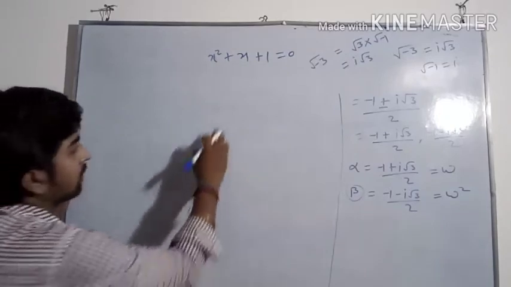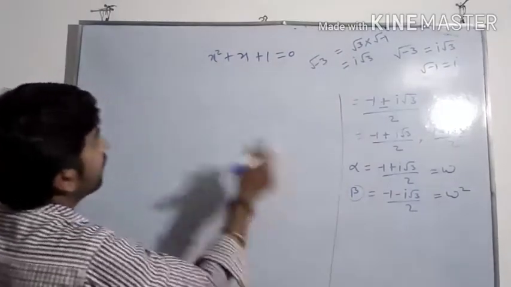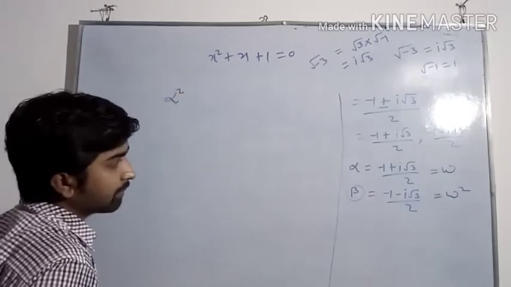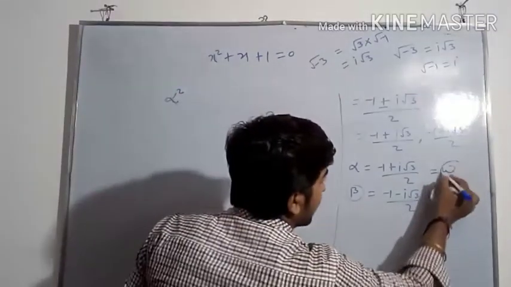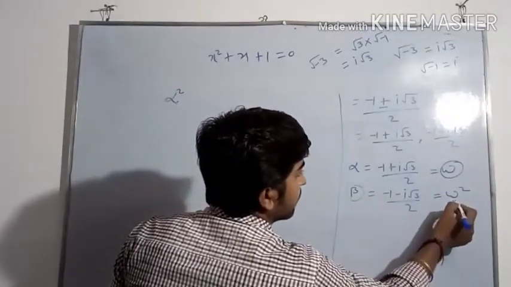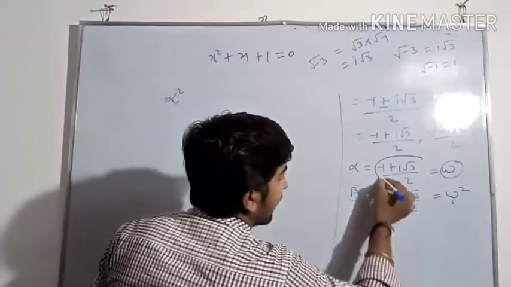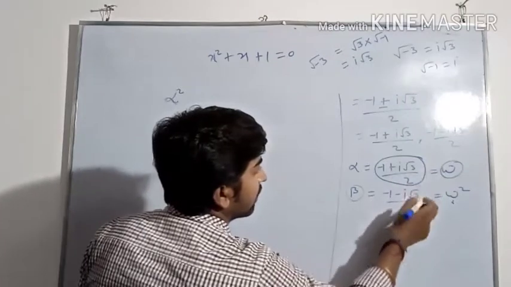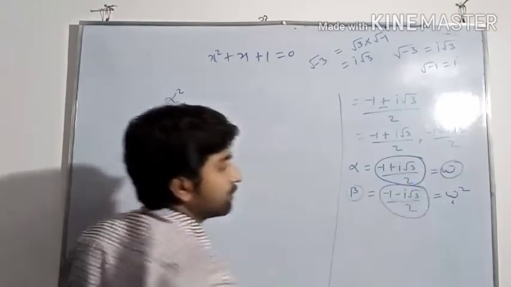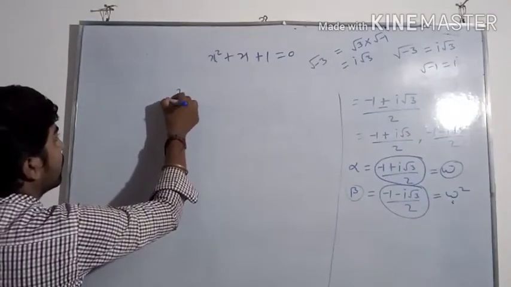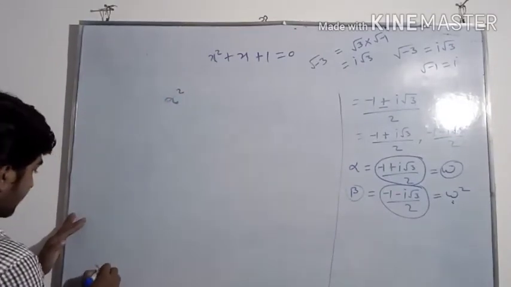Let us find this. Let us find first of all alpha square. How can we see this? This one is the square of this one and this one is the square of this one. Means we can see this one as omega square and this one as omega.